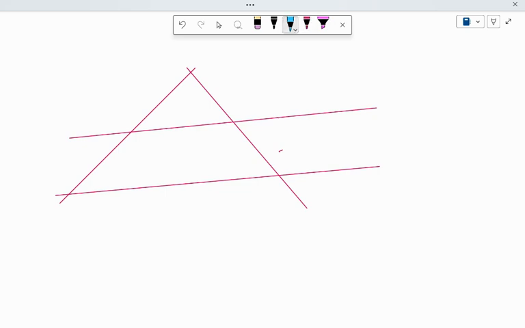Okay, and I'm told a little bit more information. So we know that these are parallel lines, and we're given that this angle is 130 degrees. We're asked to find angle A. We're also told there's a block here, if you can remember what the block means.